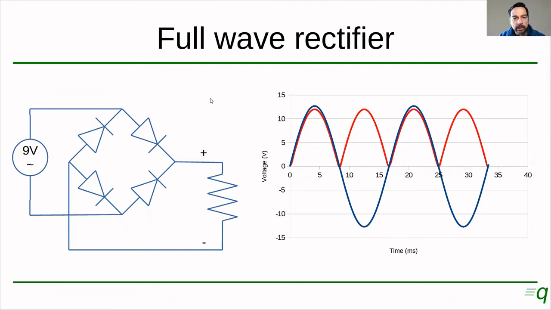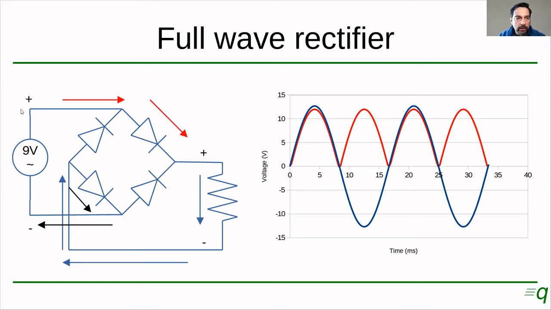This is what the circuit looks like. Let's try to understand how this works. So let's start with the positive half cycle. That's what we're going to be calling when we have positive over here and negative down here. So when we have positive here, the current's going to try to flow this way, right, from the positive side.